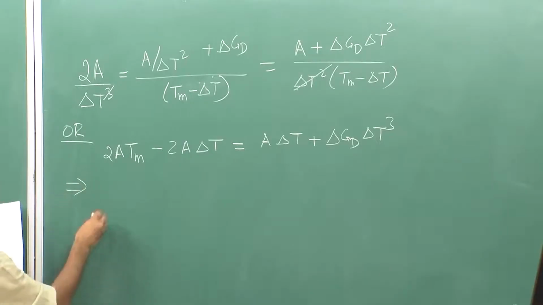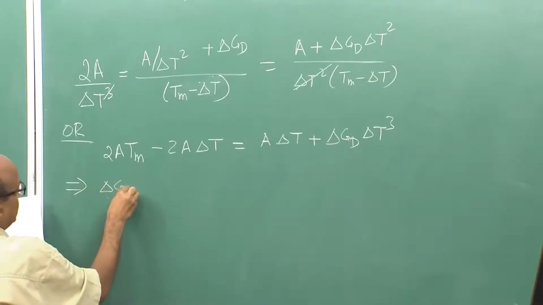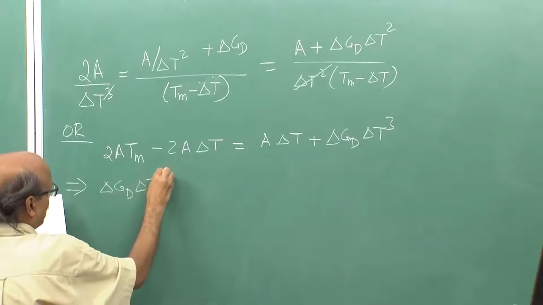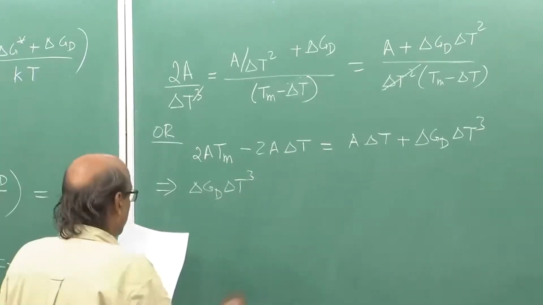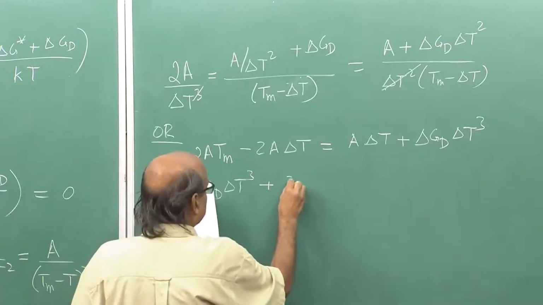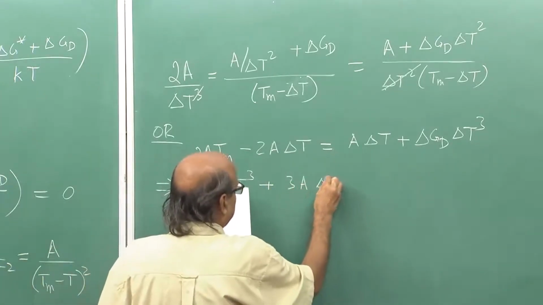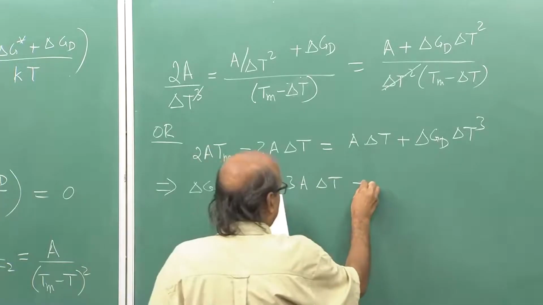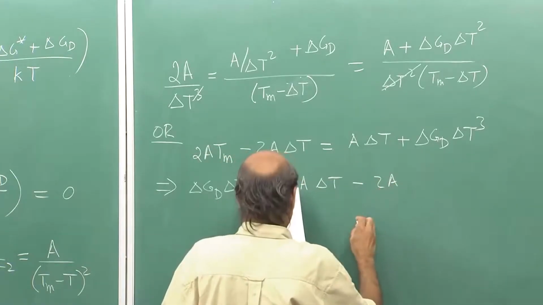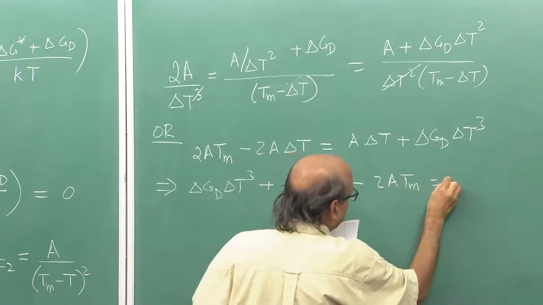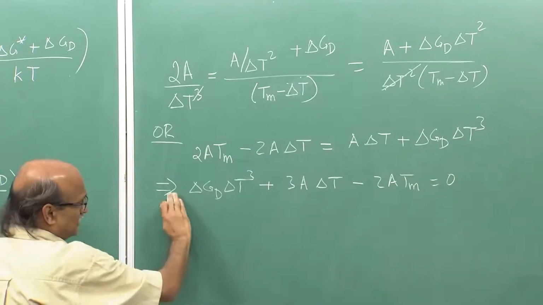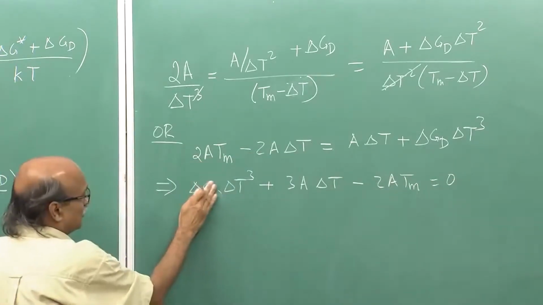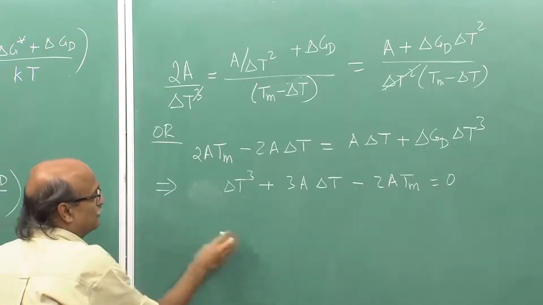This will lead to, collecting all the terms on one side, delta GD delta T cube plus 3A delta T minus 2A Tm equals 0. Let me also change this slightly, divide everything by delta GD, so I have no coefficient for delta T cube.